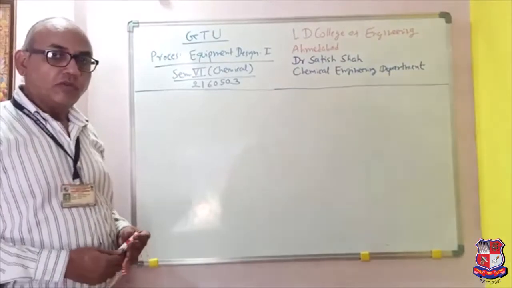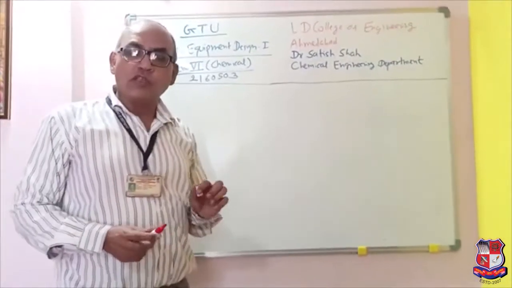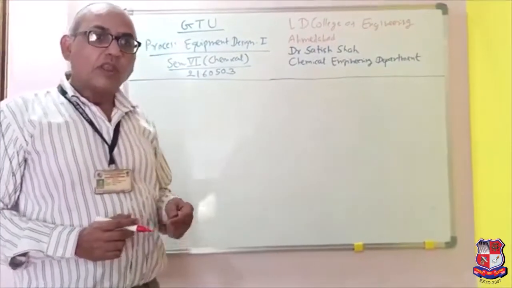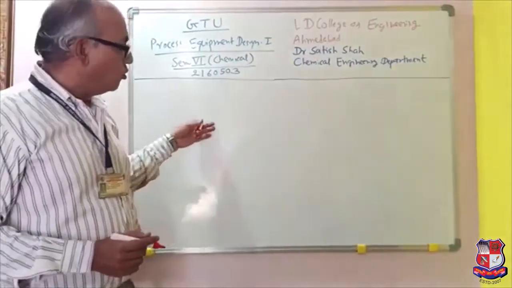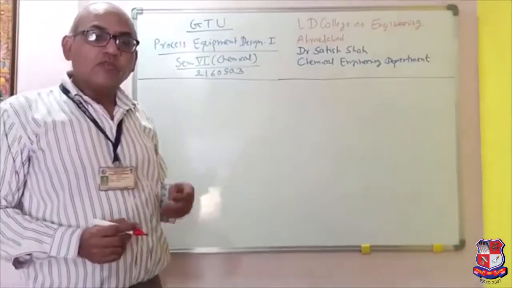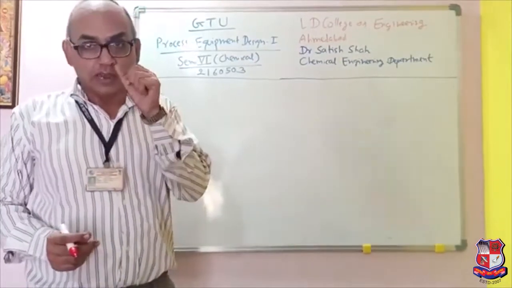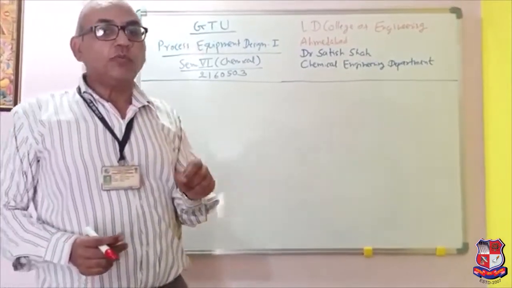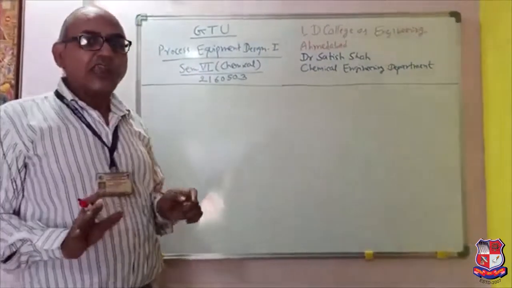So friends, we have seen the general steps for design of the shell and tube heat exchanger. Now let me discuss some important points which you have to take care of. Whenever you calculate the velocity on the water side, that velocity should be between 1.5 to 2.5 meters per second. This is the thumb rule.